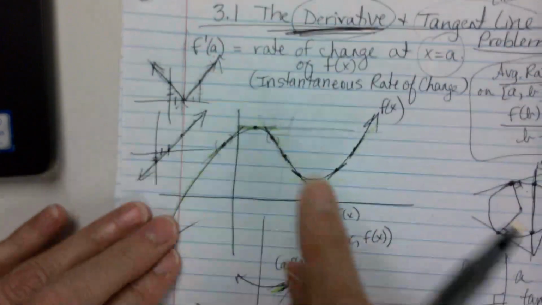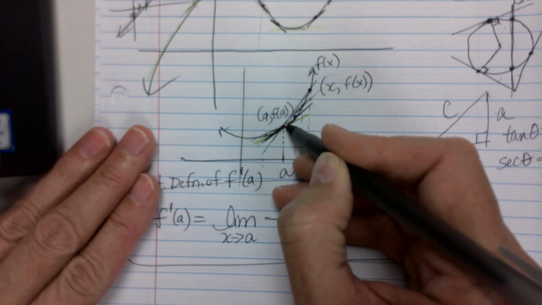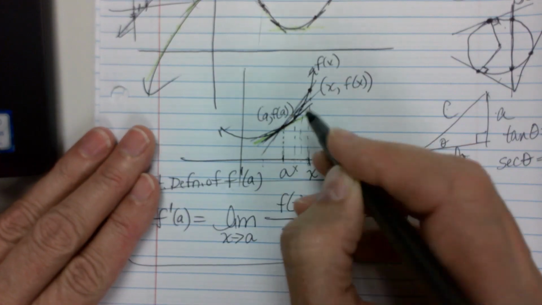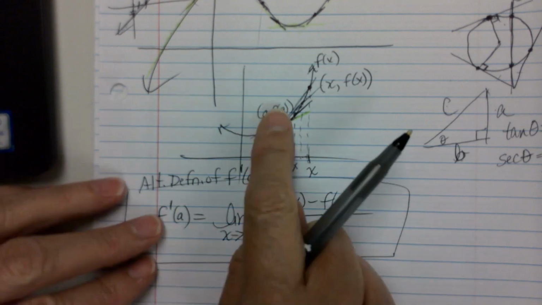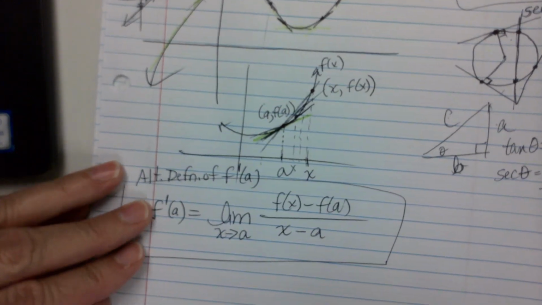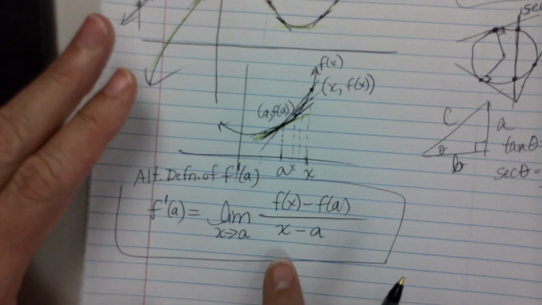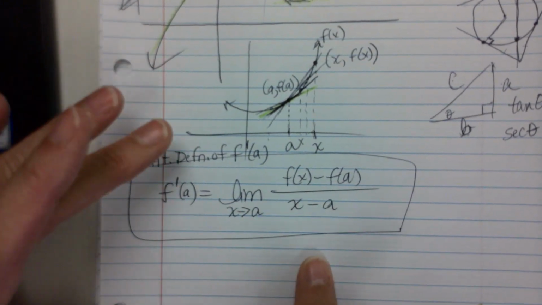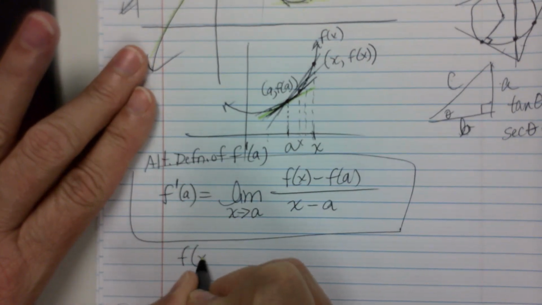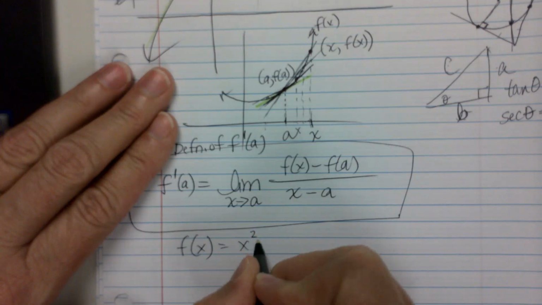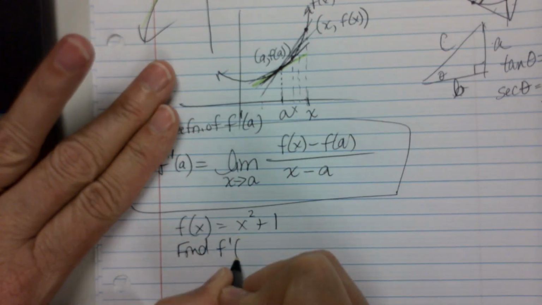A. So it is on the graph, it is the slope of the tangent right there at A, f of A. Does that make sense? Or it's the instantaneous rate of change at x equals A. So, we have one method for finding a derivative, and let's just say f of x equals x squared plus 1. Find f prime of 2.